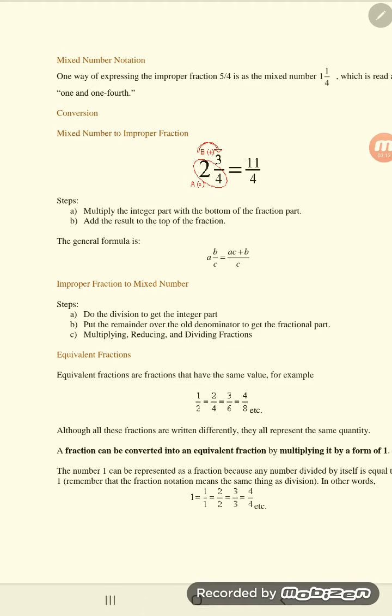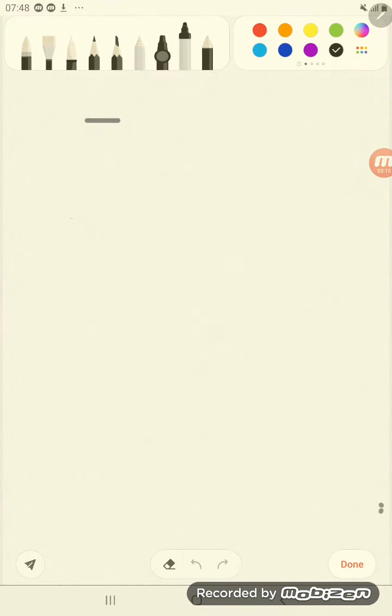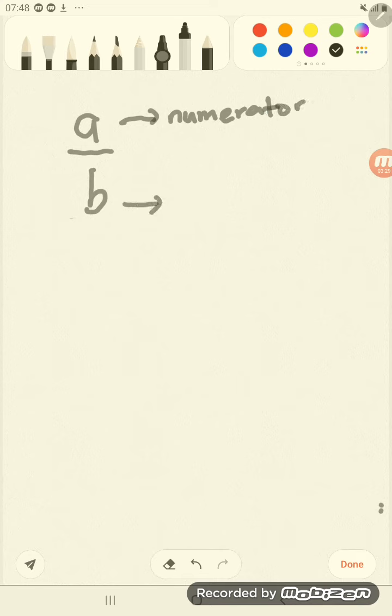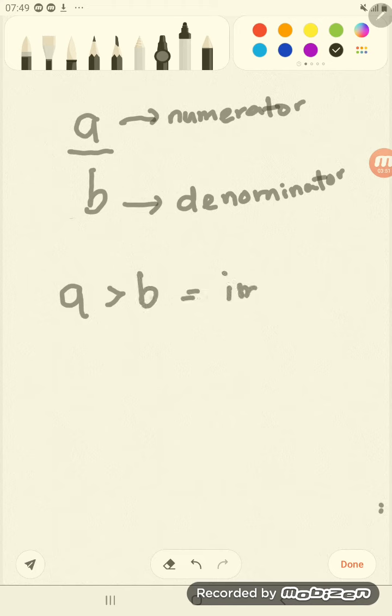So here, let's say you have a fraction a over b. The upper part we call the numerator, and the bottom one we call the denominator. And if the value of numerator a is greater than b, we call it an improper fraction.